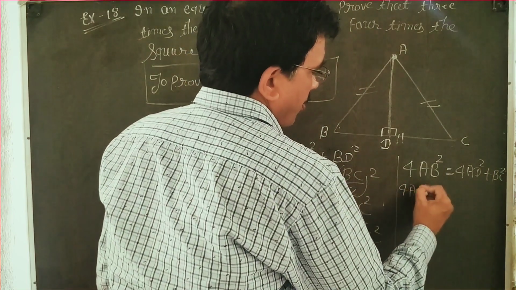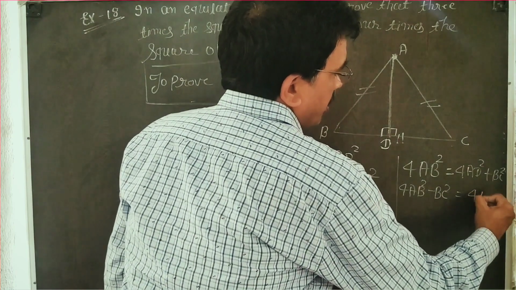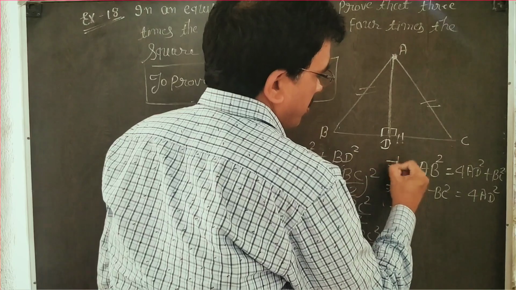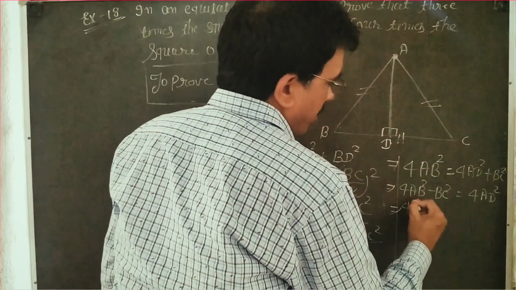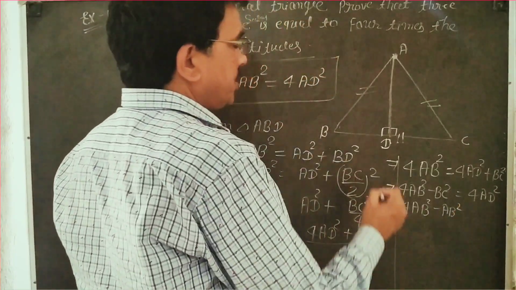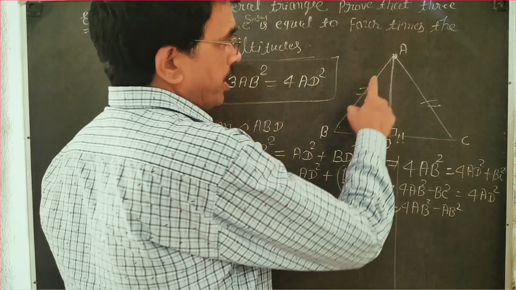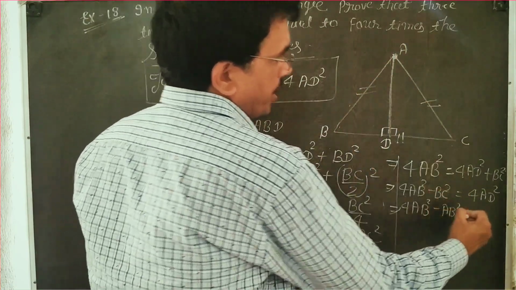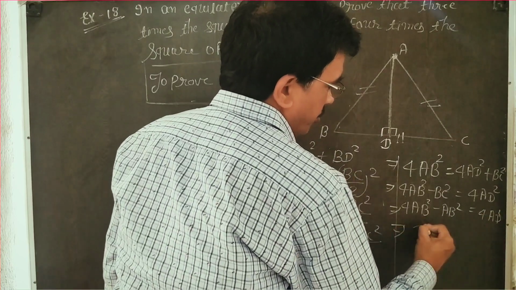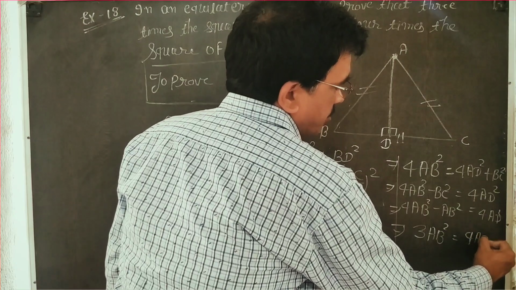Next, 4 AB square minus BC square is equal to 4 AD square. Here 4 AB square minus AB square, because AB and BC are all equal, because it is an equilateral triangle. So AB equals BC equals AC. Then 3 AB square is equal to 4 AD square.